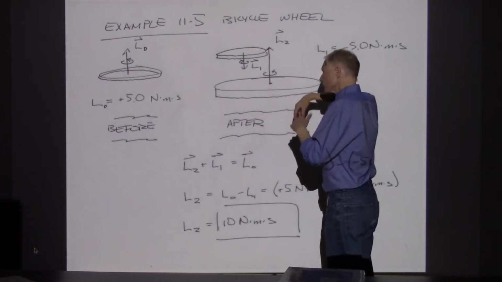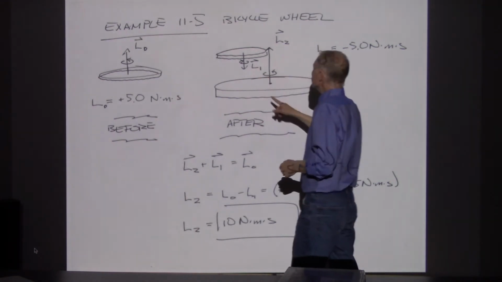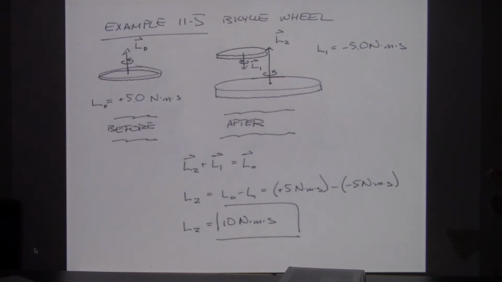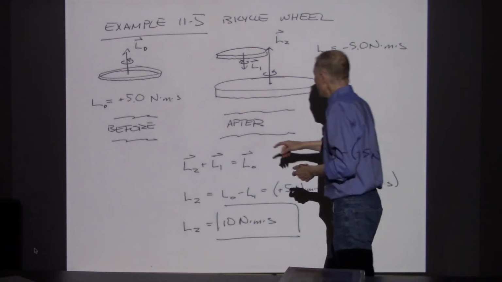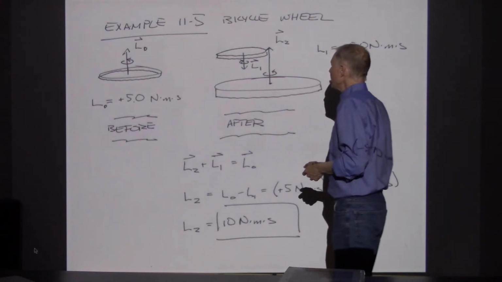After the person flips the bicycle wheel over, that angular momentum is going to be in one of two places. It's going to remain in the bicycle wheel, now spinning in the opposite direction, but there's also a possibility of transferring to the platform.